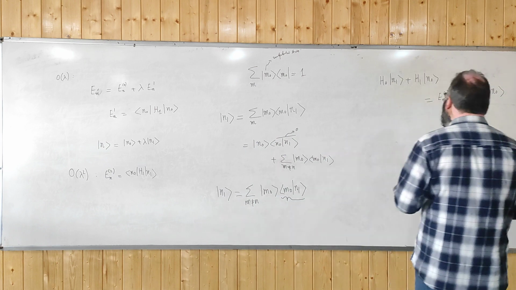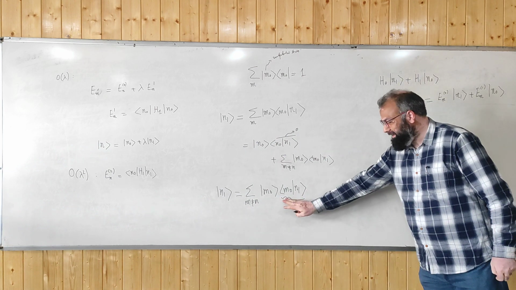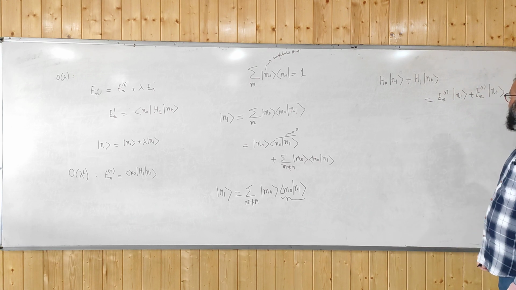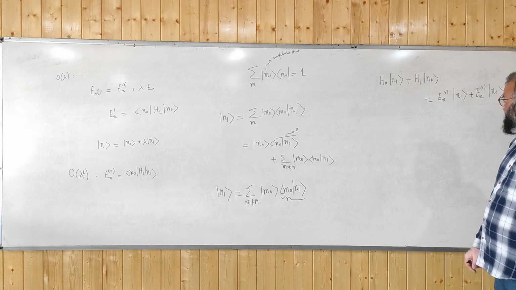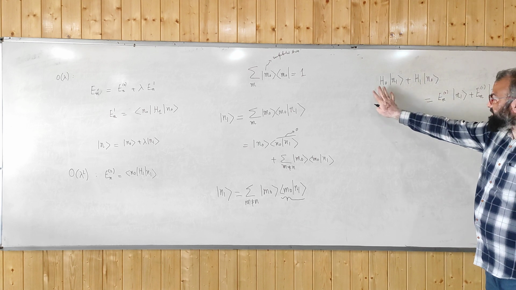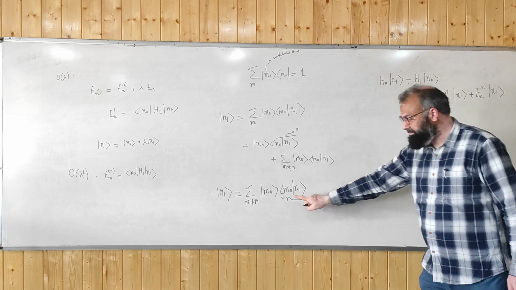What I need here is the overlap M0 N1. Where will it come from? It will come from here, so I have to multiply this object on the left by M0.